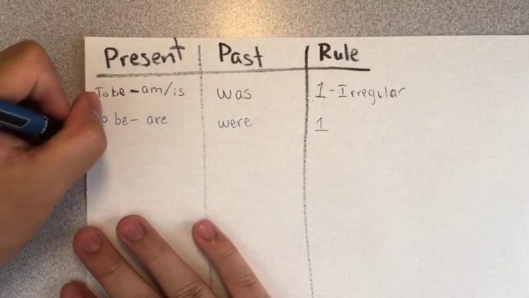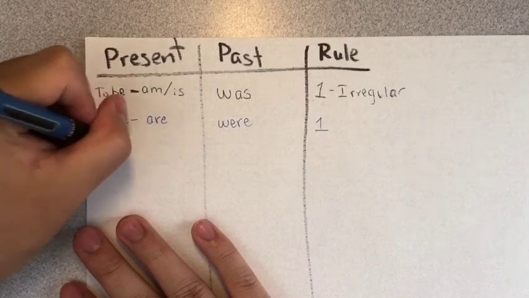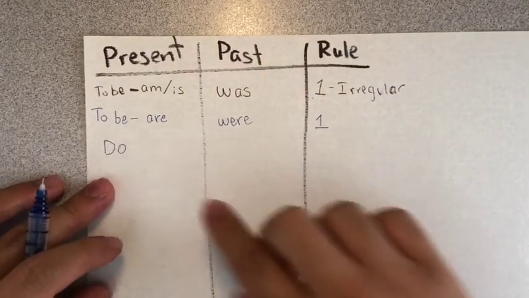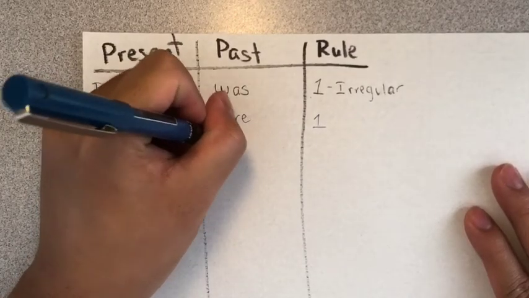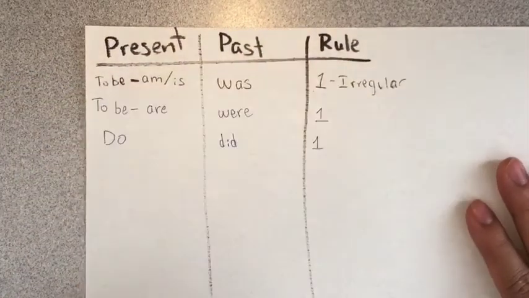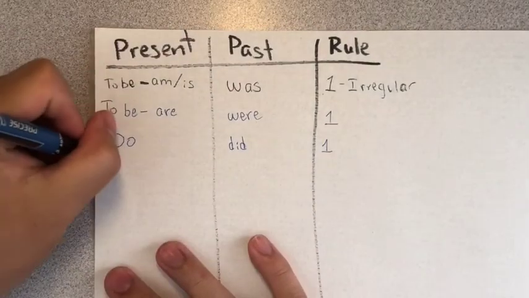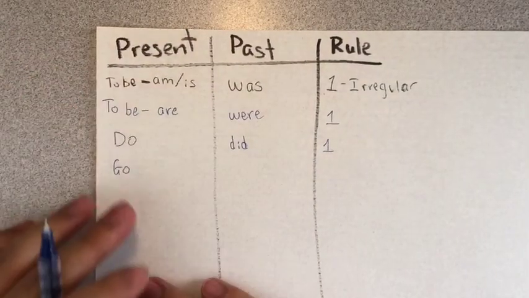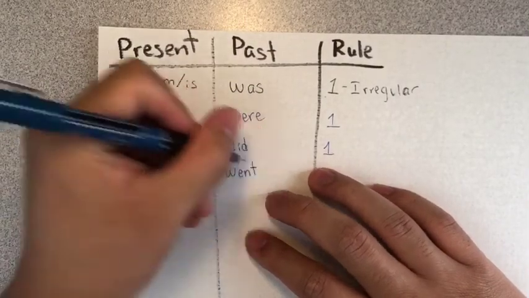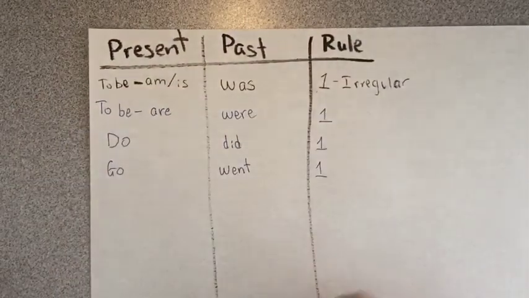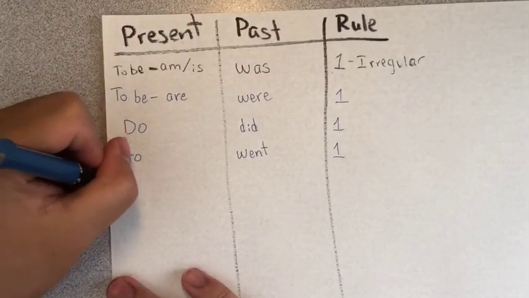Up next, we have do. In the present, it's do. In the past, we say did. This is also irregular. Go. Present is go, past is went. Irregular. We have make.